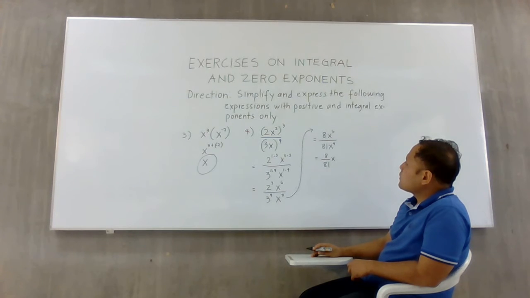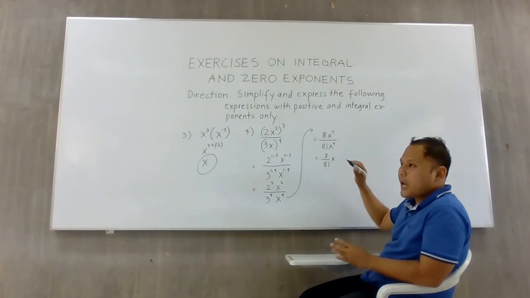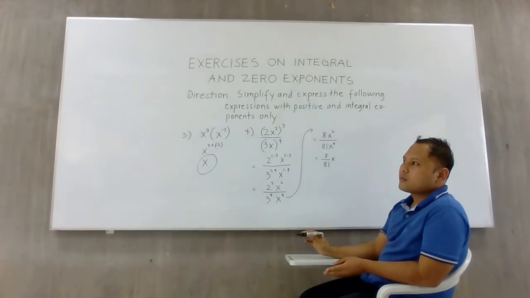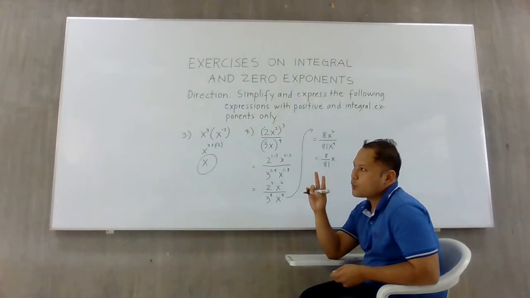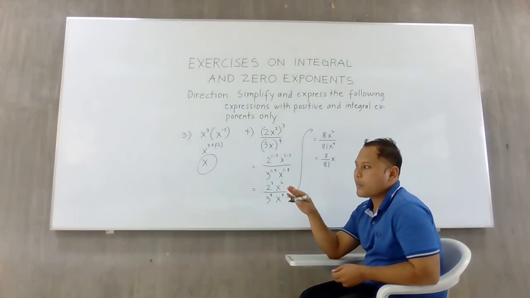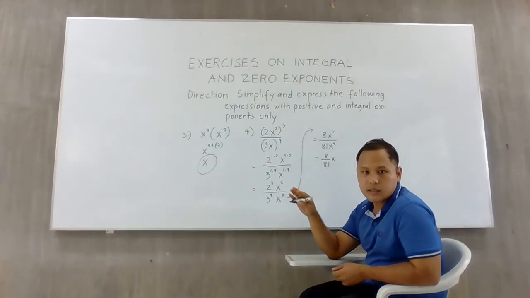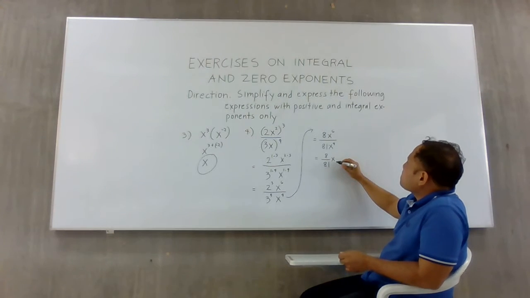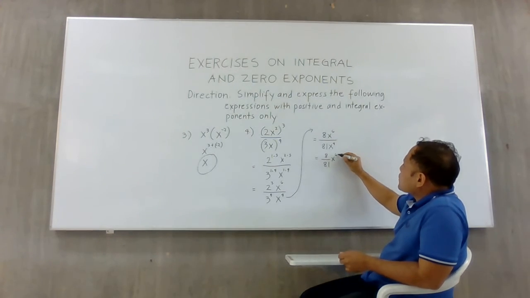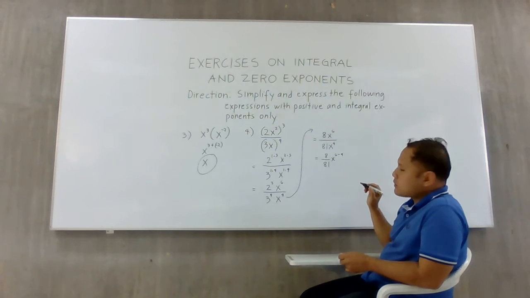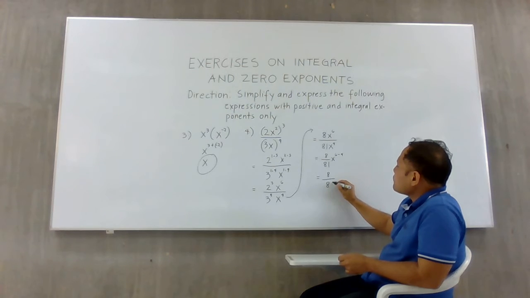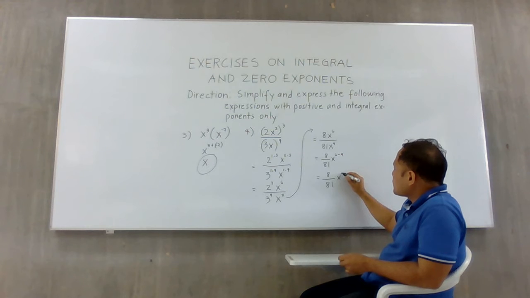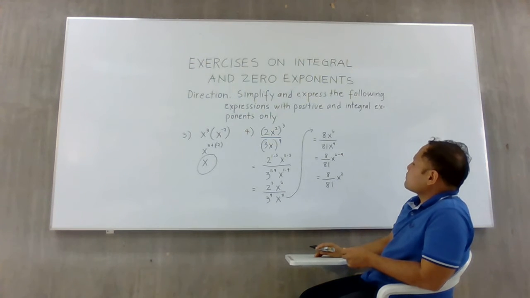And then we are applying the law of exponent, the last one, about dividing two terms with the same base but with different exponents. So we have to subtract the exponents, right? So 8 over 81, 6 minus 4, that's it, no?